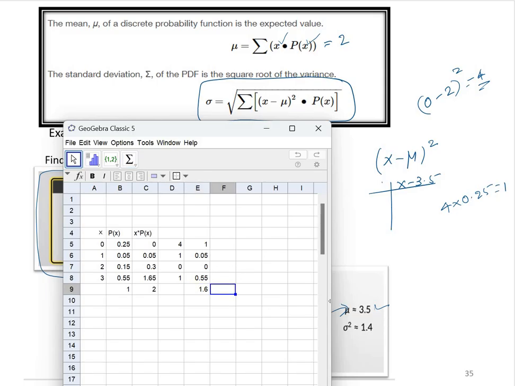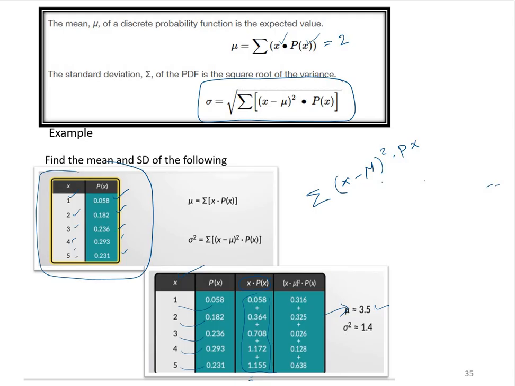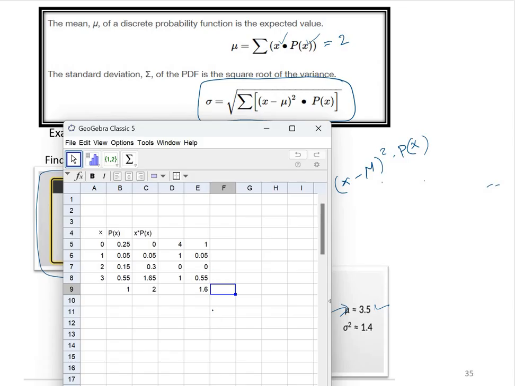So the sigma, the sum of x minus mu the whole square times p of x, from the GeoGebra table is 1.6.